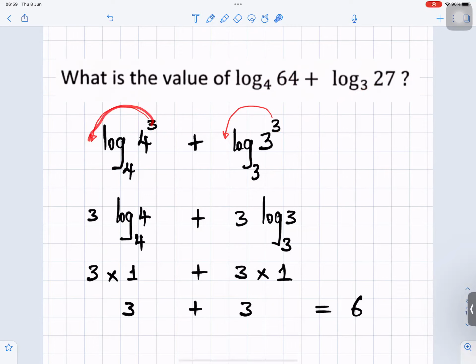Power to the front, it comes in front and it comes in front. So we have 3 log 4, but what is log 4 to the base 4? That equals 1. Log 3 to the base 3 equals 1. So it's the same as 3 times 1 plus 3 times 1. And you add 3 plus 3, it gives you 6. So 6 is the answer for this one.